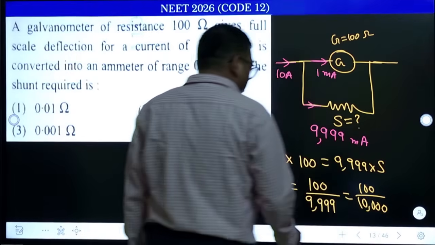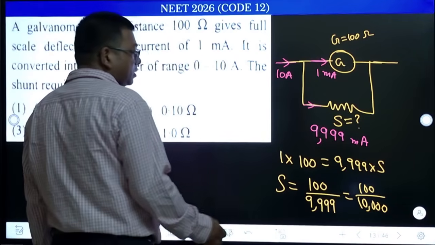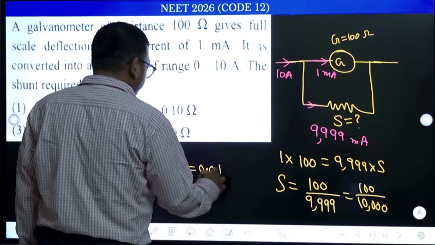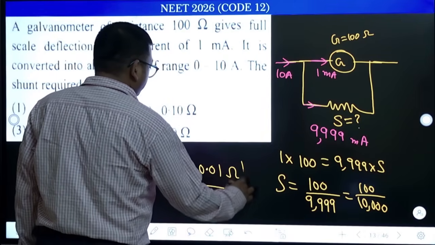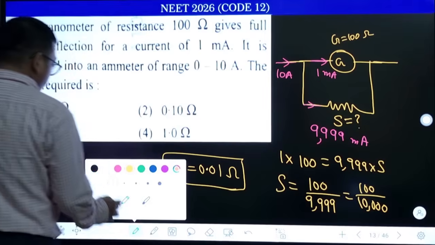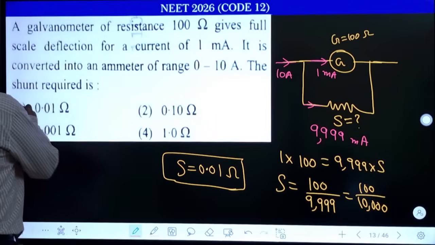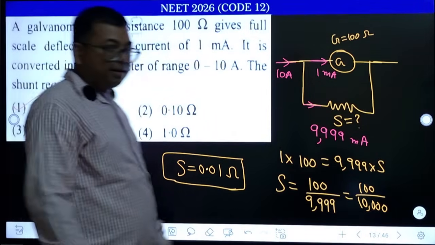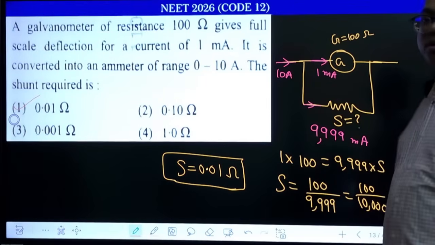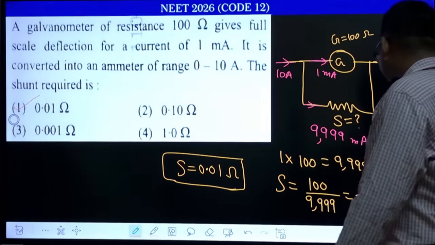From here you can understand, because 100 will get cancelled, S will be 0.01 ohm, correct? That means this is option 1. Clear, right? Because of the 100 and 10,000, you got the answer. Then let us move to the next.